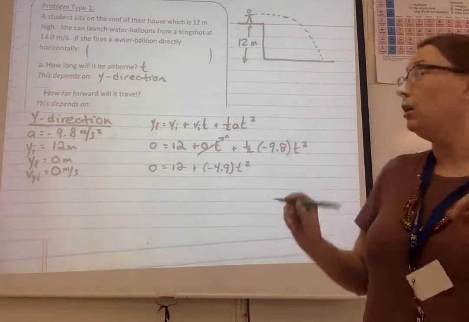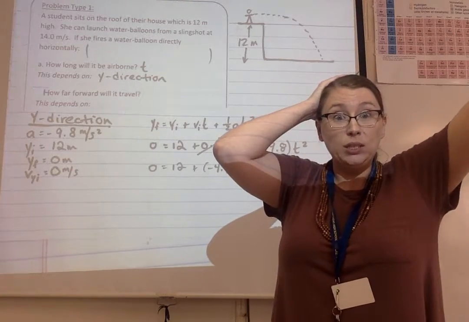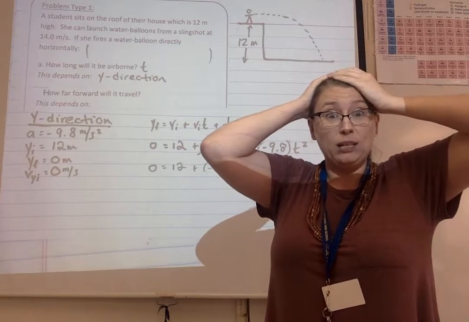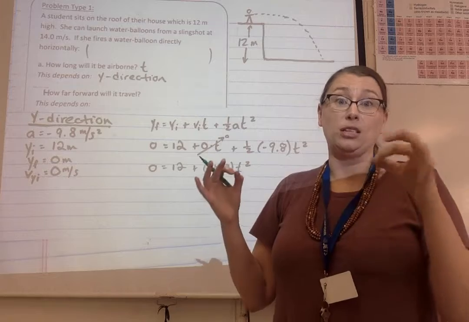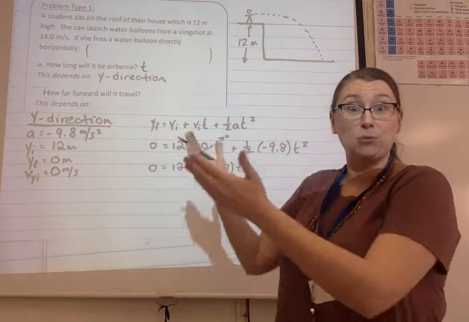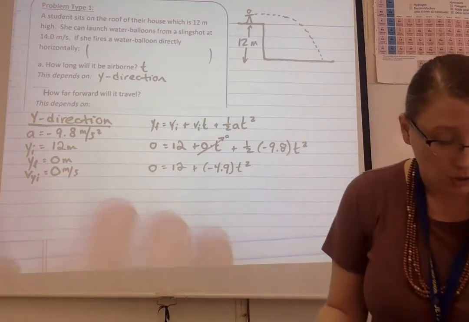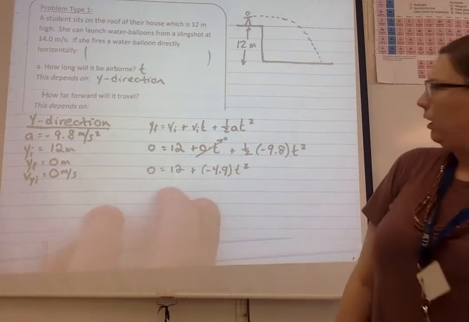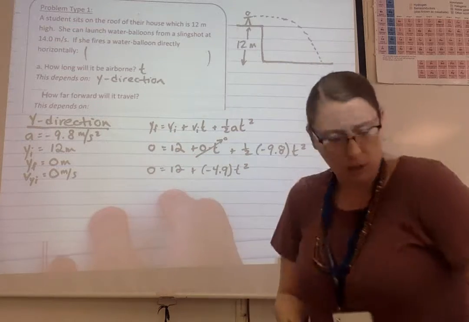All right, I'm trying to solve for t because, oh, why am I doing that? I never told you. We need to solve for time because I'm trying to figure out how long it's going to be airborne, how much time it's going to be in the air. So I'm solving for the time. Excellent. Okay, I need to get this t by itself. So first, let's get it on the other side, away from the 12.